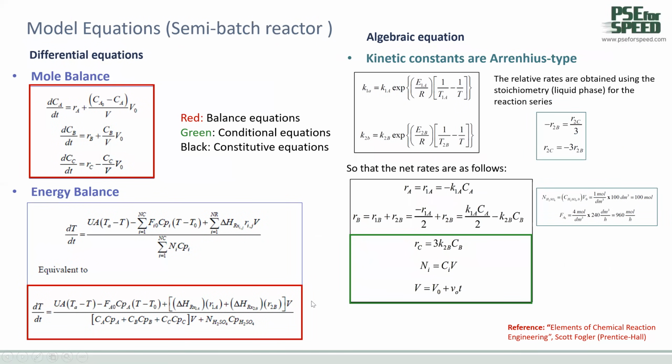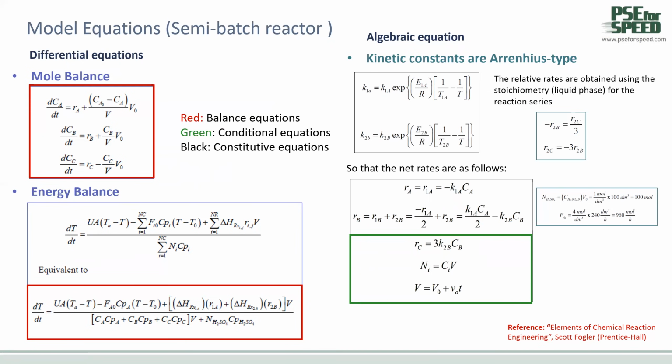In MOT, we classify the equations in terms of differential equations, algebraic equations, partial differential equations, and so on. In this model, we have balance equations, which are differential equations for mass balance and energy balance. So it's a lumped parameter model with ordinary differential equations.